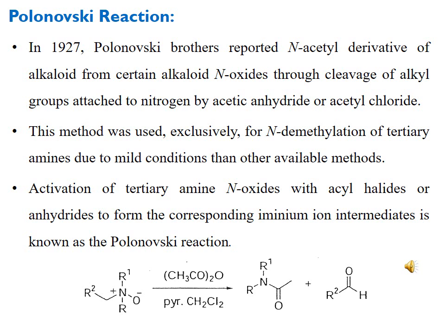We shall discuss the mechanism, then you will see how this alpha carbon plays an important role in the formation of these products. So the R2 group comes from the group whose alpha carbon has been used for the progress of the reaction, and the other two groups which were already attached to the nitrogen remain on the nitrogen, and we get an amide and an aldehyde.